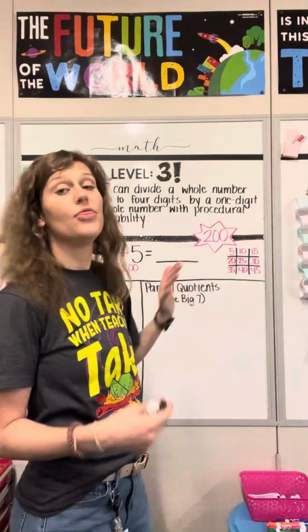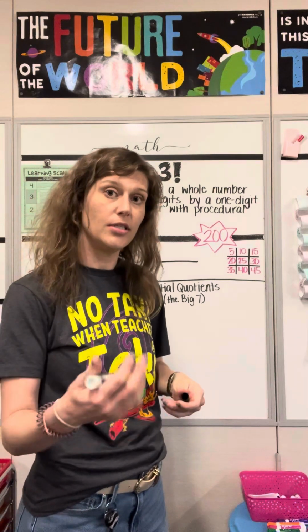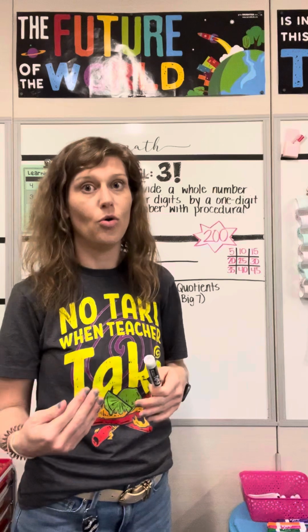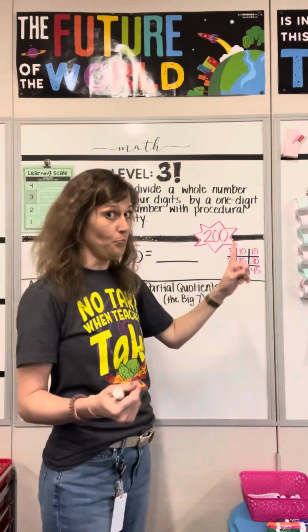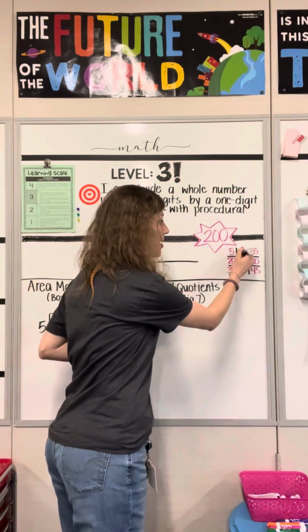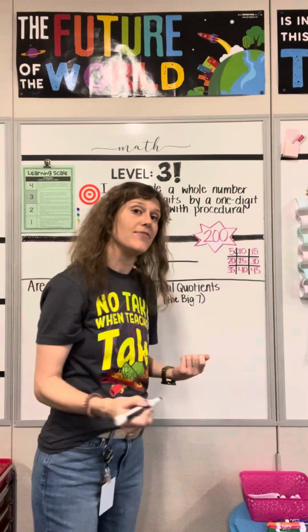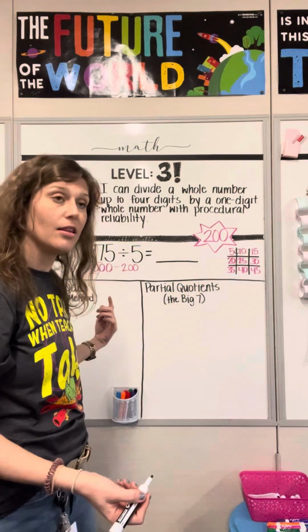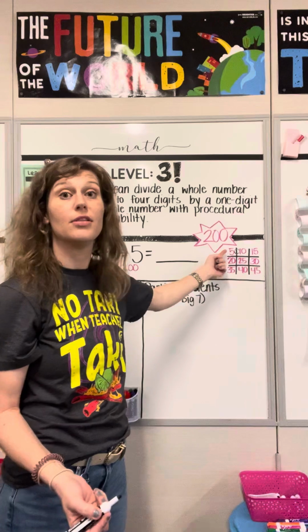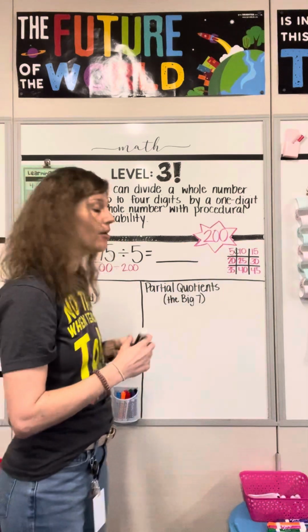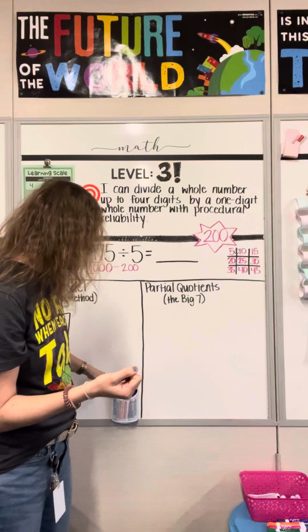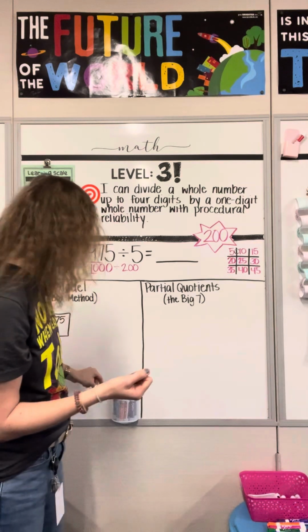If not, then we want to find the very closest number to 9 that we can get without going over the number 9. So 9 is going to be located between the 5 and the 10. Since 10 is larger than 9, we're going to choose the 5 as our first amount that we can take out of the 975.